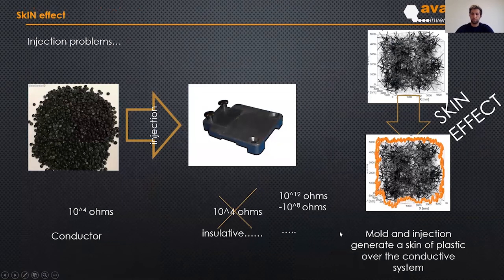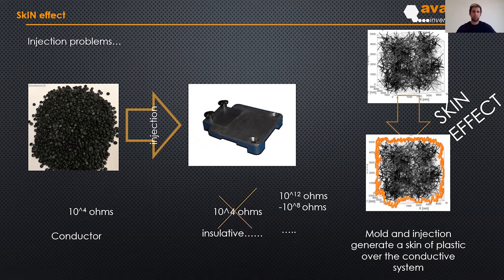If we talk in terms of thermoplastic, there are two problems. The first problem is to disperse in the plastic. This is the first point: the amount of product that you need to add to get the percolation. But imagine that you have a conductive pellet produced by extrusion.